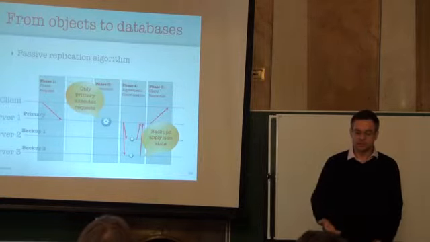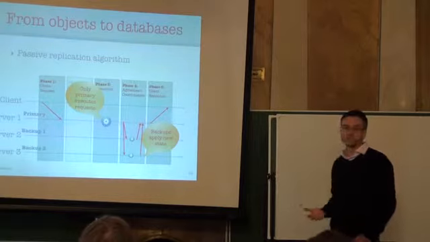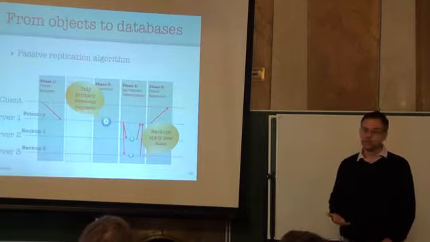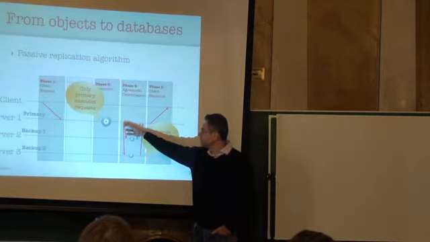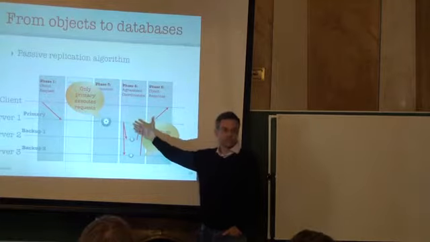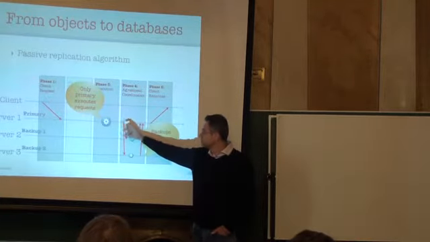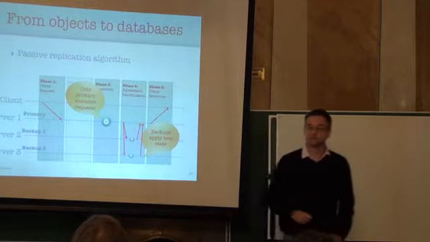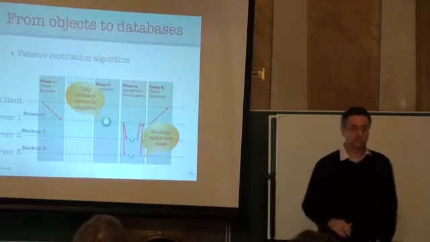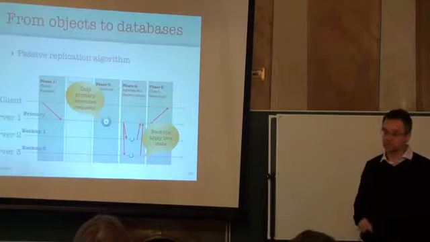So it means that if a backup suspects the primary, it's because the primary really crashed, right? There's no false suspicion. So there is no risk that some server suspects that the primary has crashed while the primary is still executing. If that happens, you'd end up with more than one primary, which may actually be problematic, right? Although there are solutions to this kind of problem, but they are much more complicated.